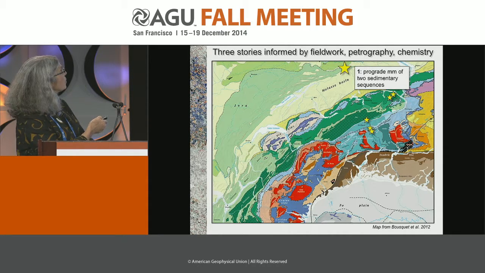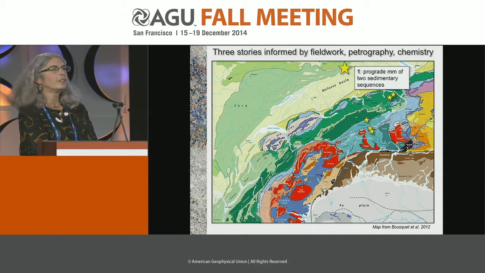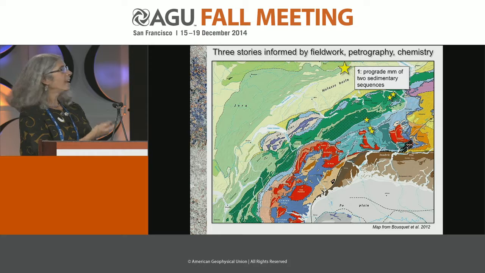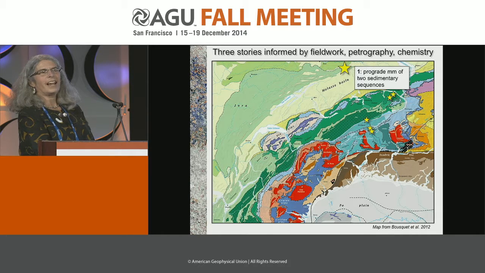And we're going to trace them from a locality here in the Jura Mountains where they're unmetamorphosed. And we're going to follow them up metamorphic grade, starting at very low metamorphic grades and ending up at about 575 degrees in the amphibolite facies. So we're going to track prograde devolatilization of these rocks and look directly at the effect that has on chlorine stable isotope behavior and what we can and can't say.